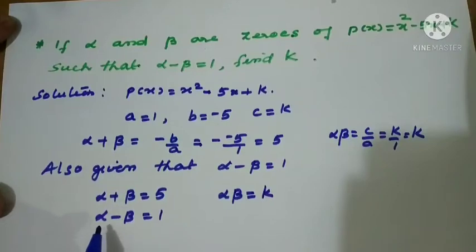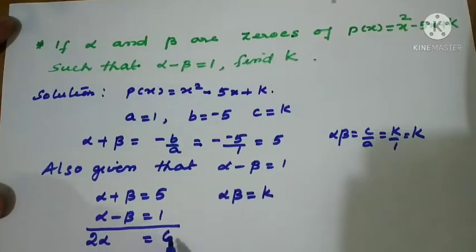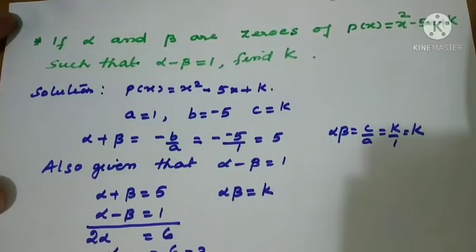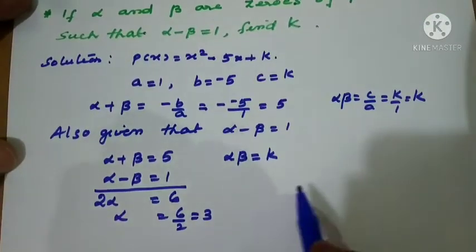See, when we are adding these two equations, what will happen? 2 alpha equal to 6. So alpha equal to 6 by 2 equal to 3. Right? If alpha equal to 3, what is beta?